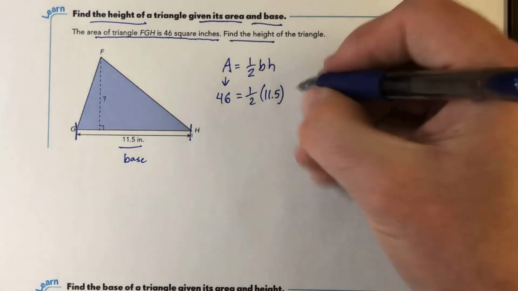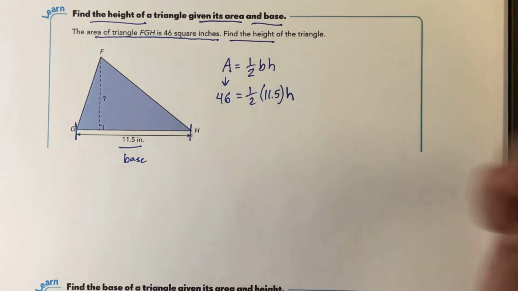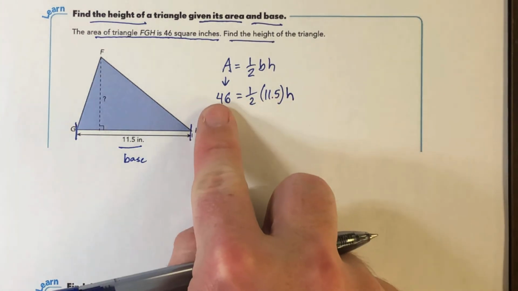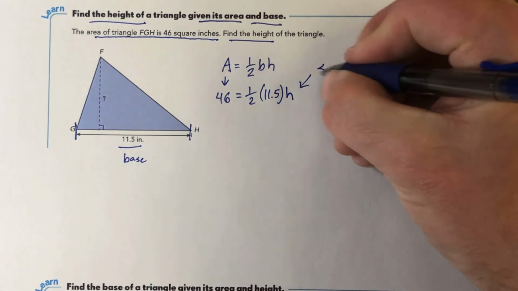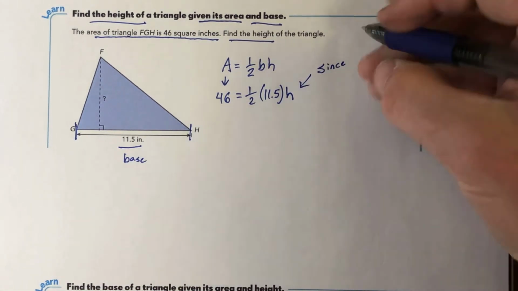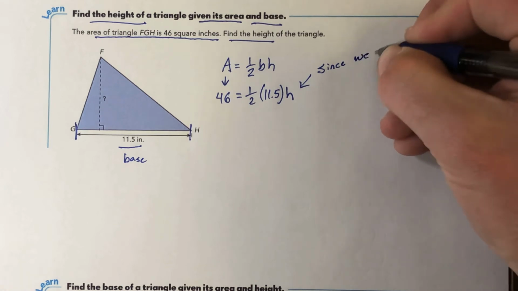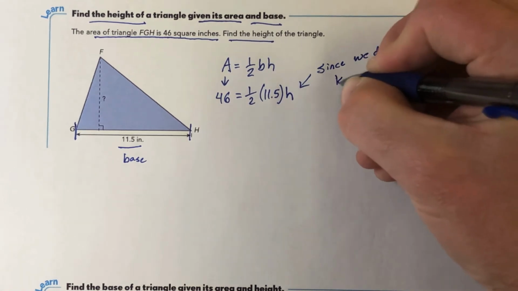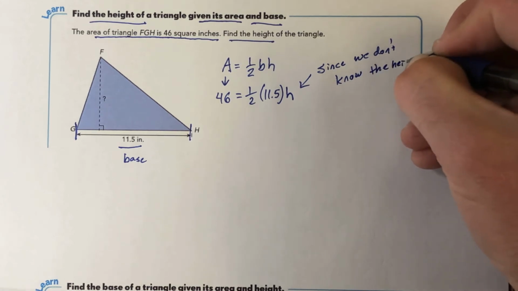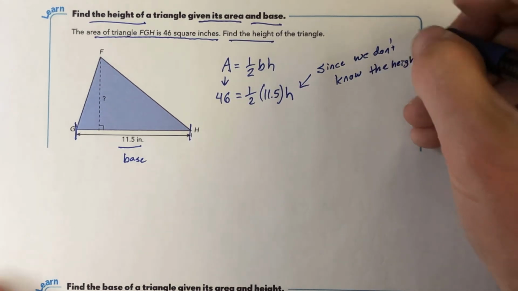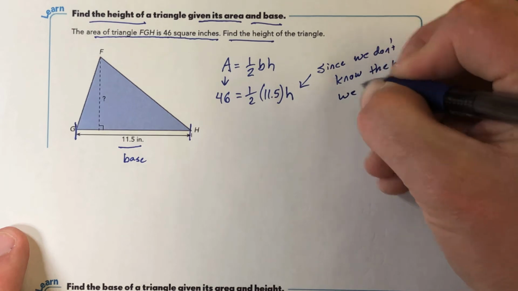What do I do with the H? You leave it. You don't know it. So instead of solving for A, I'm going to solve for H. Again, note, since we don't know the height, we leave it as a variable.